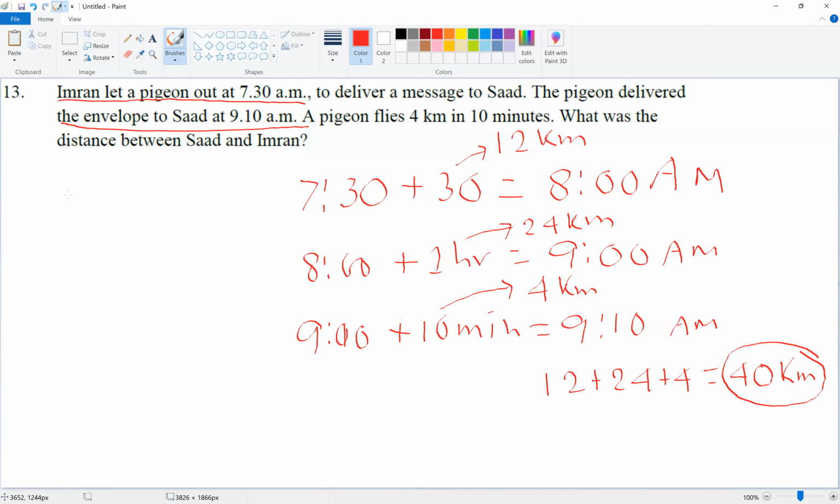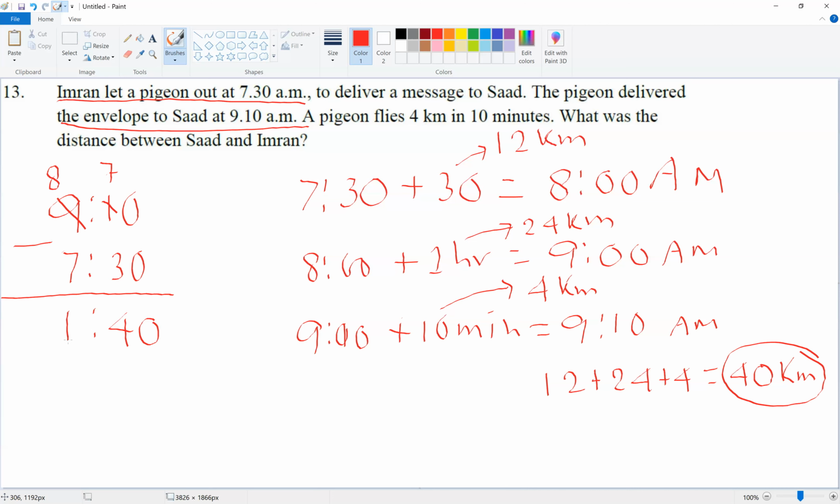You can actually directly subtract these two numbers. The only thing you have to remember, 1 hour is 60 minutes, so you can take a carryover. This will become 7. So this is 40 and this is 1.